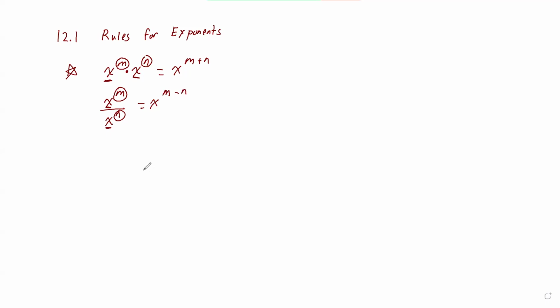You're multiplying. As long as they're the same number, the number would remain the same. For example, let's say this was 2 squared times 2 cubed.